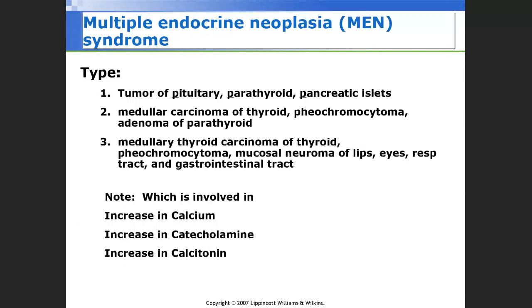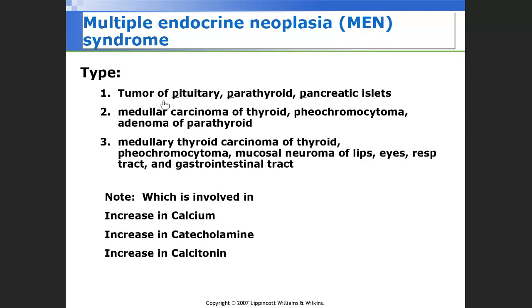And lastly, I want to talk about 3 different kinds of MEN. Multiple endocrine neoplasia is usually tumors that occur in multiple organs at the same time.